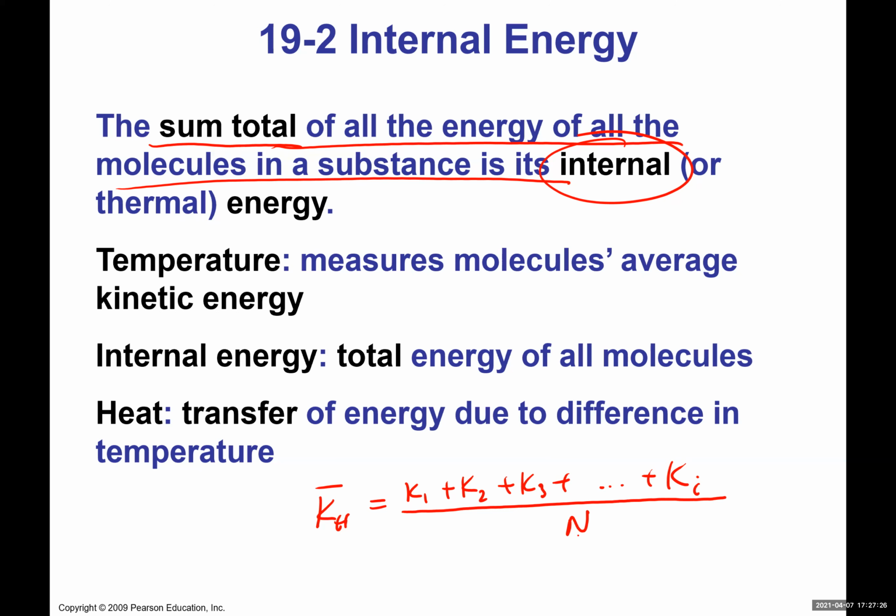This is what the average translational kinetic energy is. The total kinetic energy is what we have right here in the numerator. That's the total kinetic energy, and when it is divided by the number of particles, you get the average translational kinetic energy. So make sure that it's clear: temperature is a measure of molecules' average kinetic energy.